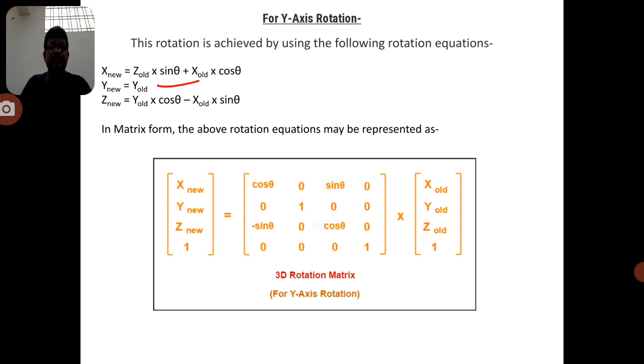So x indicates to y, y to z, and z to x. In the y rotation there is no impact on the y-axis, the impact goes to the x-axis and z-axis. Similarly we can write the homogeneous matrix.